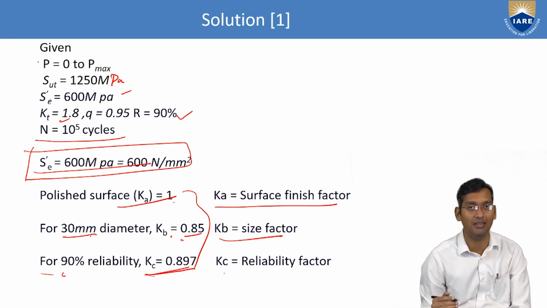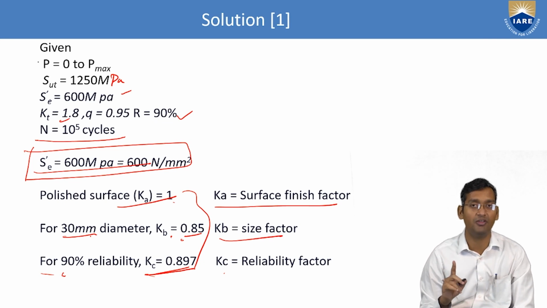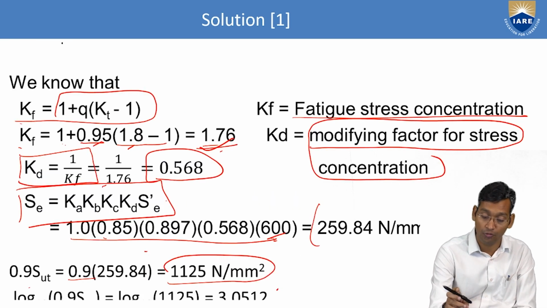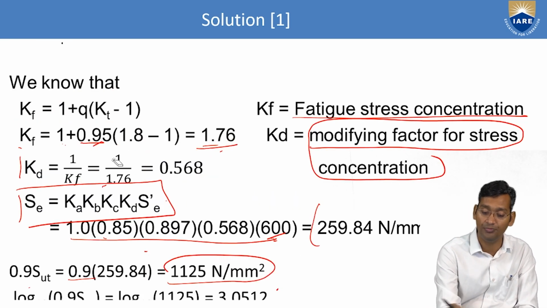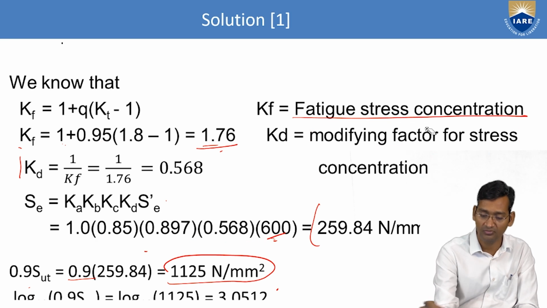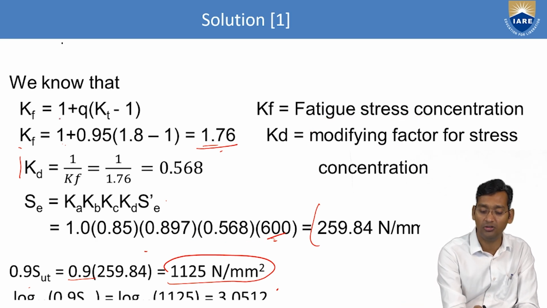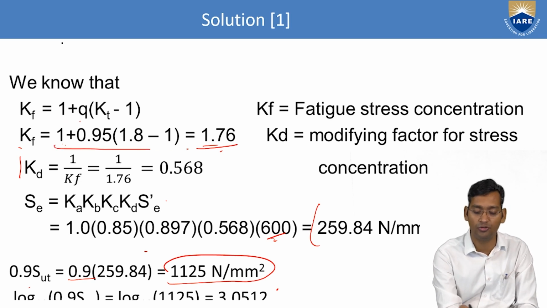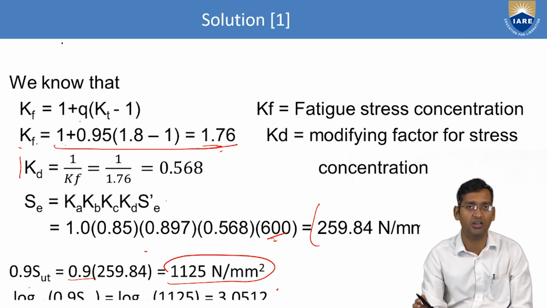Now we have KA, KB, KC. Now what is left? KD. For finding KD, what do we have to find? KF. First find KF. For finding KF, the KT value is given. Right. So KF is 1 plus Q into KT minus 1, where Q is the notch sensitivity. After substituting the values, we got KF equals 1.76.